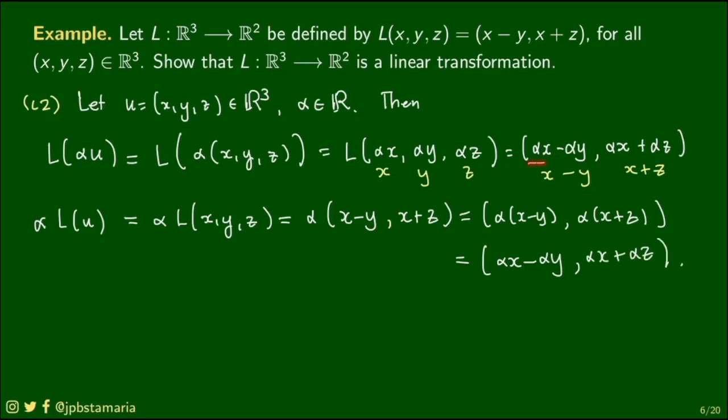Notice that when you compare these two things, they are actually equal. Therefore, we can say that the image of alpha u under L equals alpha times the image of u under L. And therefore, we can now conclude that L is a linear transformation from R3 to R2.